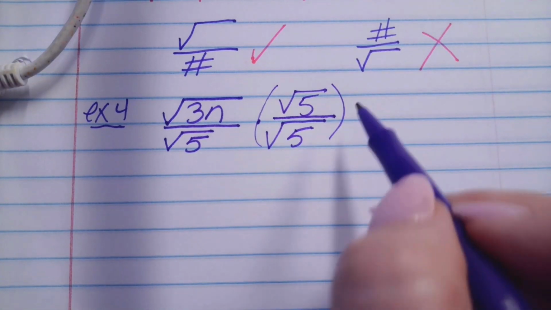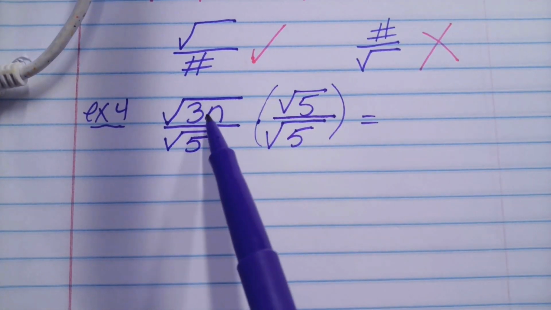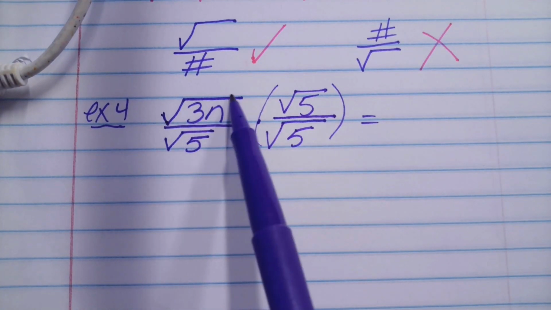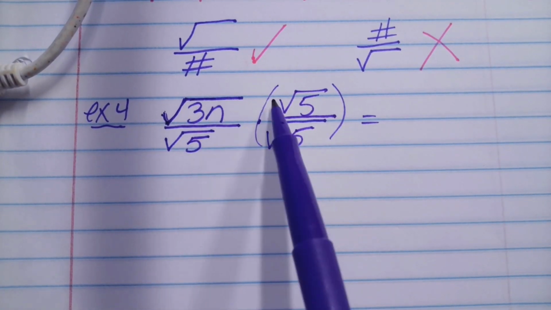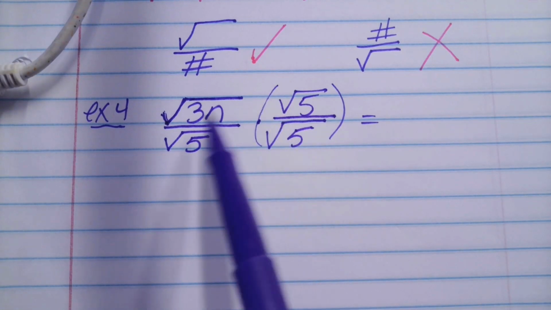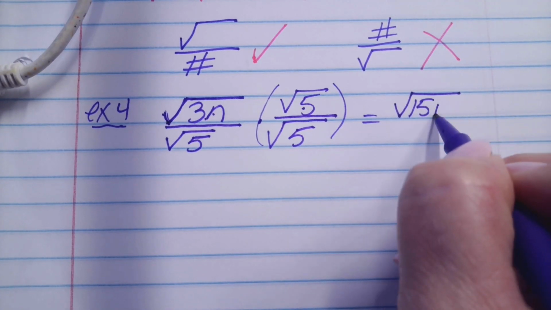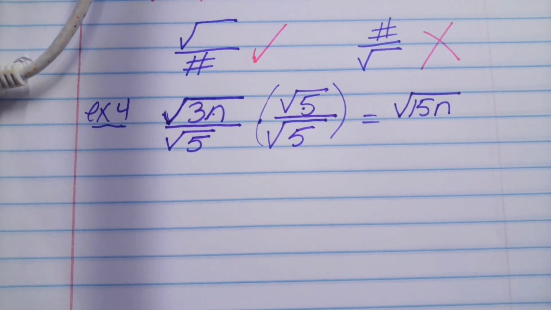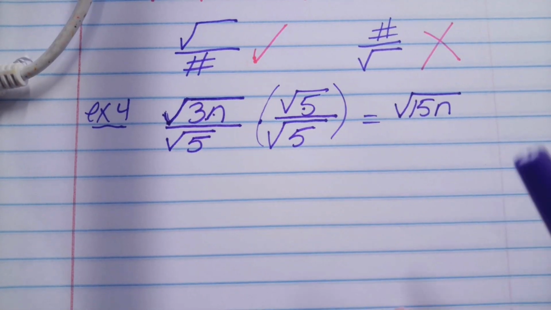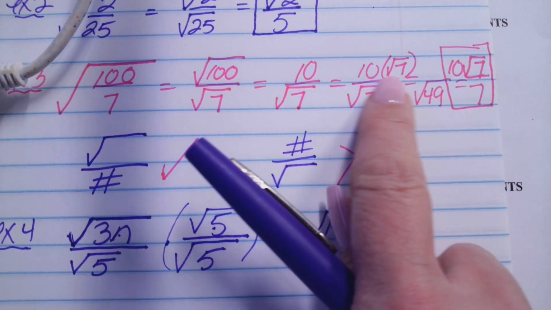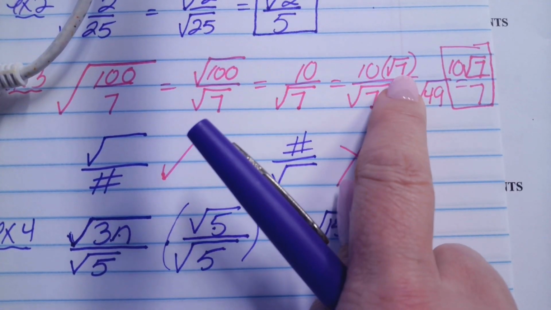Okay? All right, now this, because this is inside of the radical sign and this is inside of the radical sign, I can multiply these two things together, and I get radical 15n. That's different than this, because this was on the outside and this was on the inside, so we could not multiply the two.